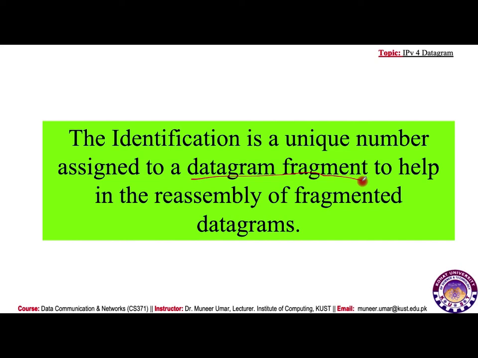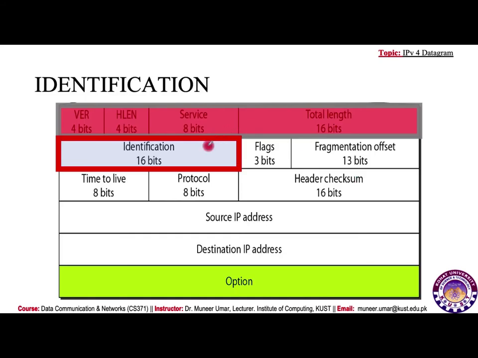Actually, it is obvious that these datagrams are fragmented or divided into several pieces. So this identification is used to identify each fragment. Each fragment is given a unique number. Here we have 16 bits or 2 bytes.